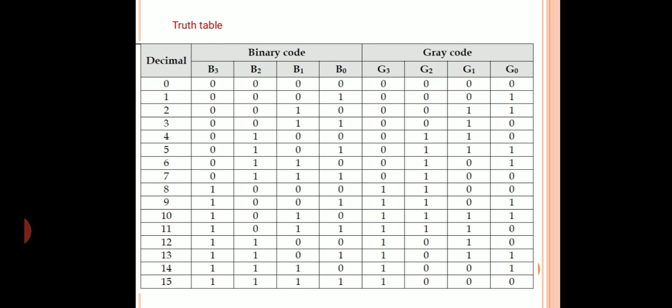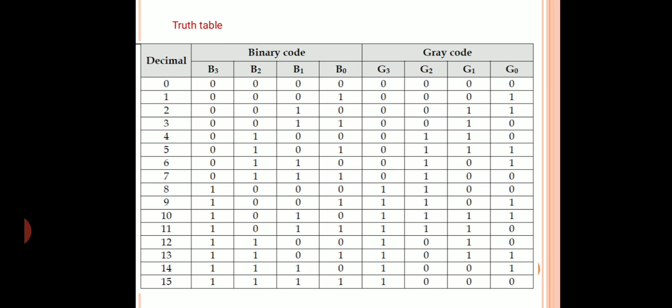We know how to convert a binary number into its equivalent gray number. Suppose a binary number B3, B2, B1, B0 is to be converted into a gray number. Then the first bit, the MSB B3, is kept as it is. Then we take XOR of B3 with B2, then XOR of B2 with B1, and afterwards XOR of B1 with B0.